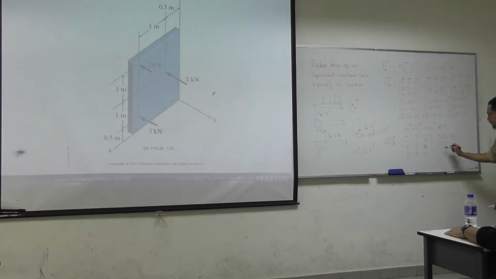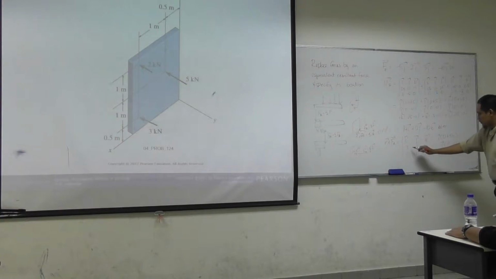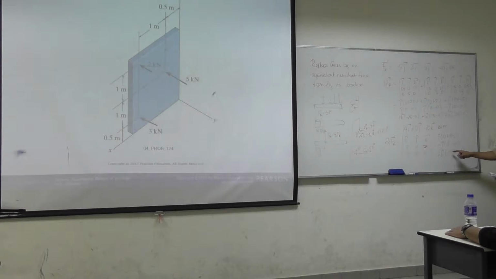Minus J 0, 0 plus K minus 10x minus 0. From here, can you solve X and Z? Because you already have 10zi plus 0j minus 10xk, right?